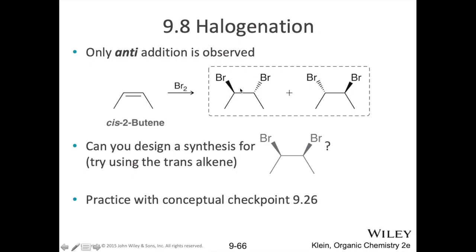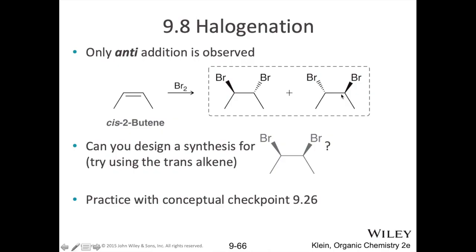Now, keep in mind, by the way, that when you open up your double bond, you can rotate around that carbon-carbon bond freely. So be aware of that when you're trying to design certain products. For example, here with our cis-2-butene, if we do our anti-addition of bromine, we're going to get these two products.